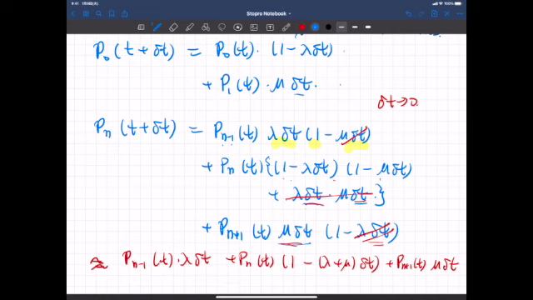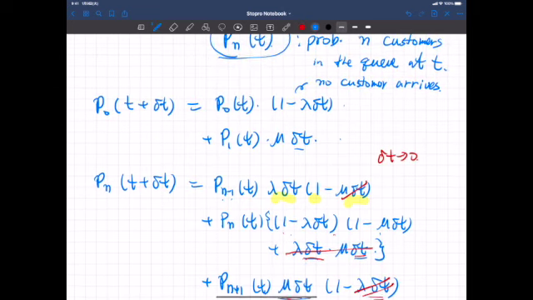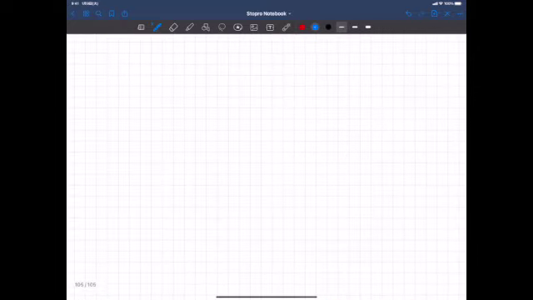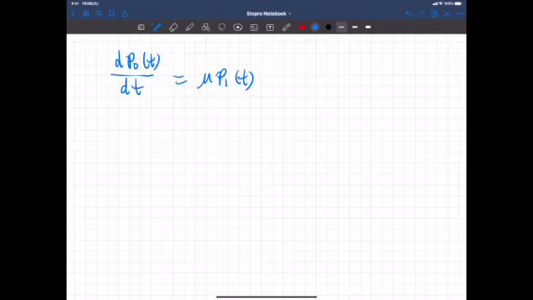Now let's rearrange these difference equations, and you should have the following results, and I hope you can derive them. So rearrange those equations and take the limit delta t going to 0. We should have these differential difference equations. For p0, we have mu p1 minus lambda p0 of t.